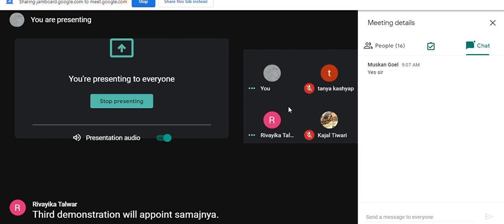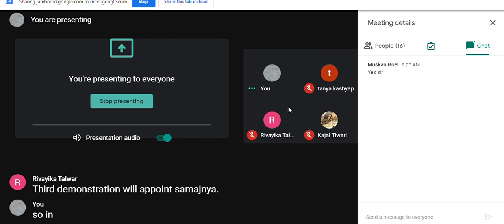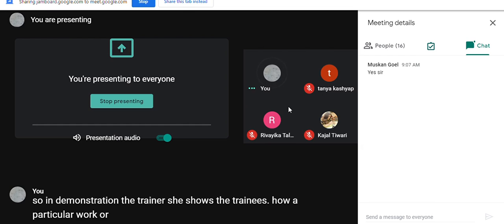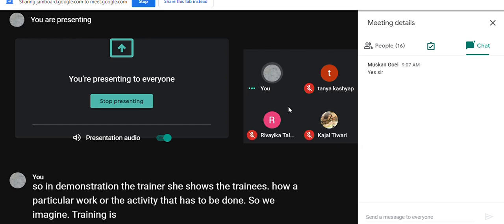So in demonstration, the trainer, she shows the trainees how a particular work or activity has to be done. So imagine training is being imparted for operation of a new machine.